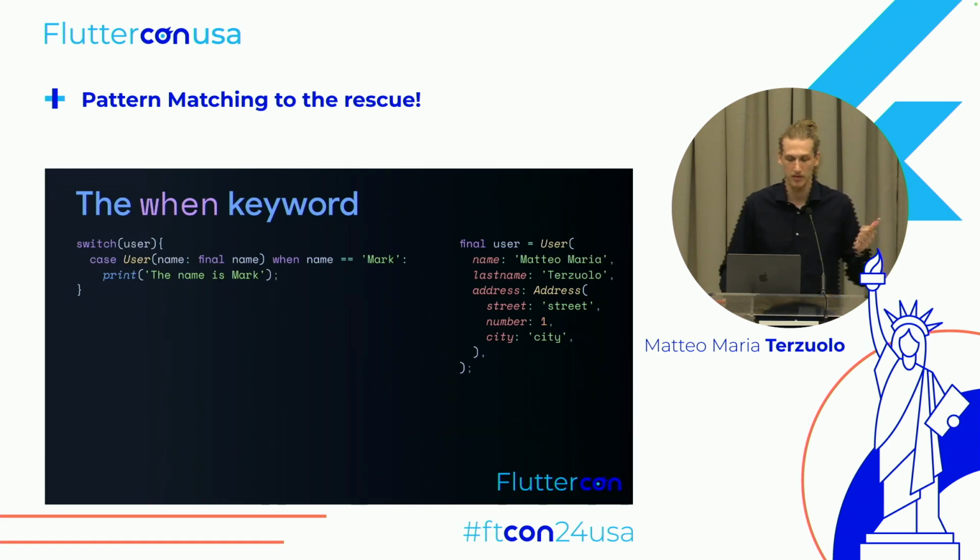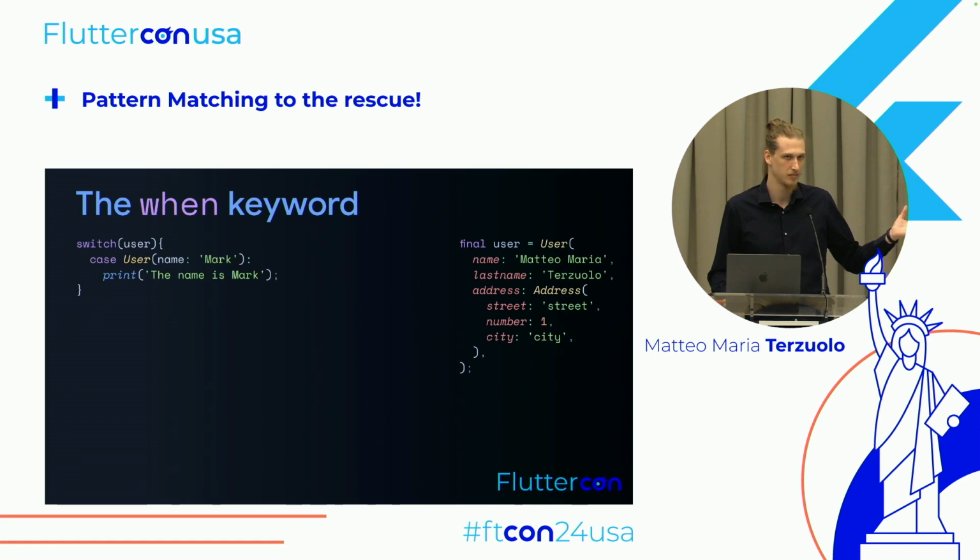After that, as you can see, there's the when keyword, and it's going to let us check for a specific value of that variable. Although this case is not actually useful, because we can just write that, it's just a way to show you how to use that keyword.